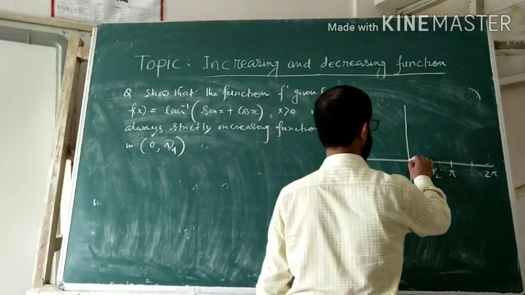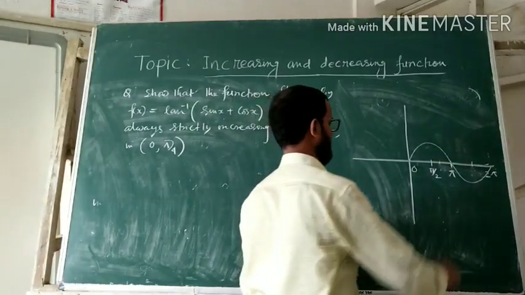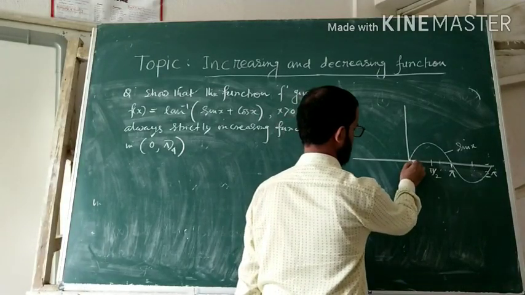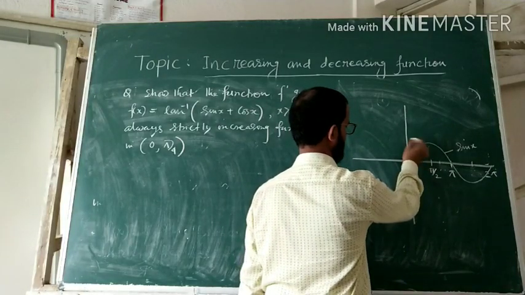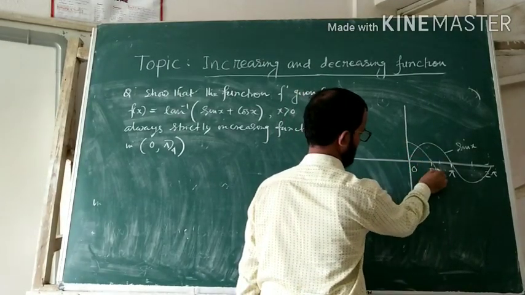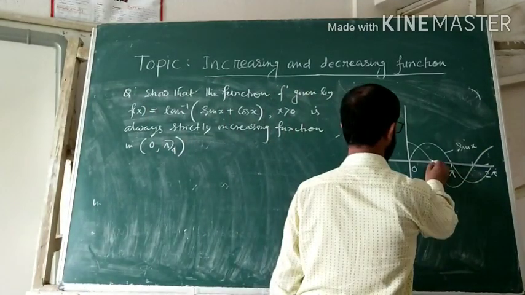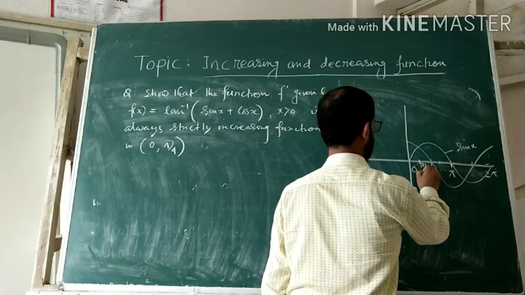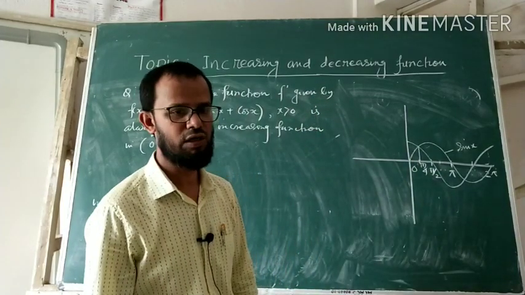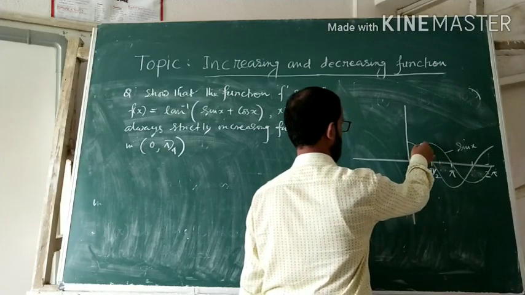The sine graph will be like this. And the cos graph: when x equals 0, cos 0 equals 1, so it starts from there, and when x is pi/2 it becomes 0. The graph will be like that. Between 0 and pi/2, this is the point pi/4, and you see both values are the same. We know cos pi/4 equals 1 by root 2 and sin pi/4 equals 1 by root 2.